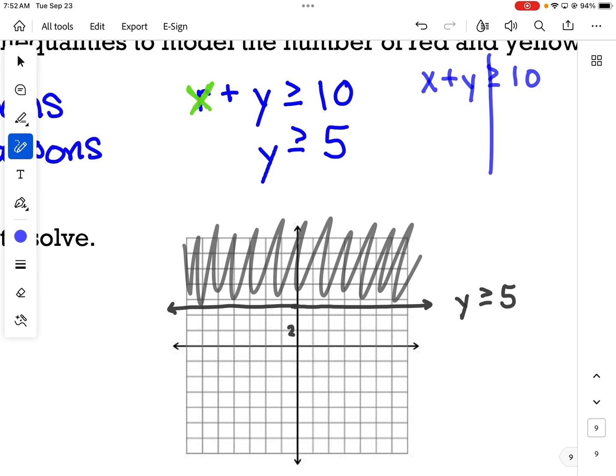So this is x plus y is greater than or equal to 10. I need to get y by itself. So x is on the wrong side. So how do I move x? Subtract it. And I want mx plus b, so y is greater than or equal to negative x plus 10.